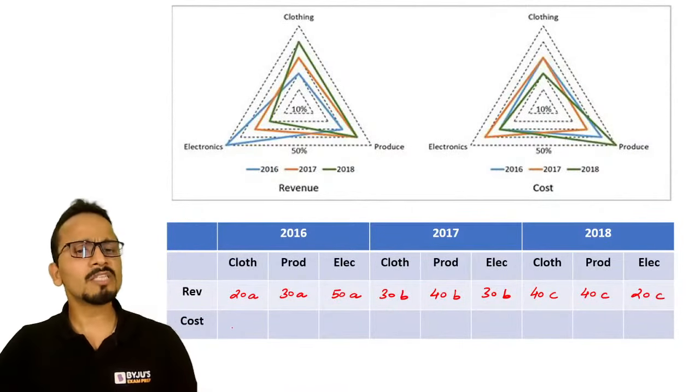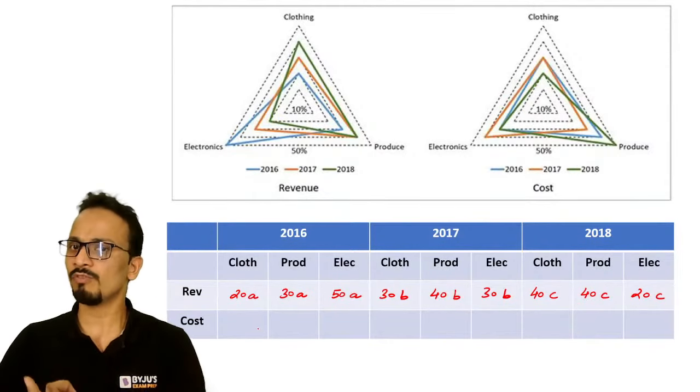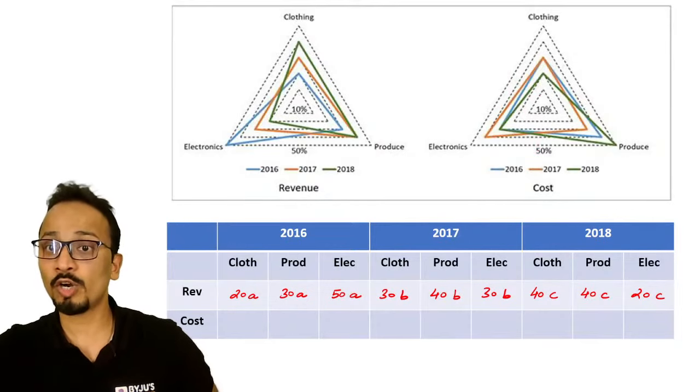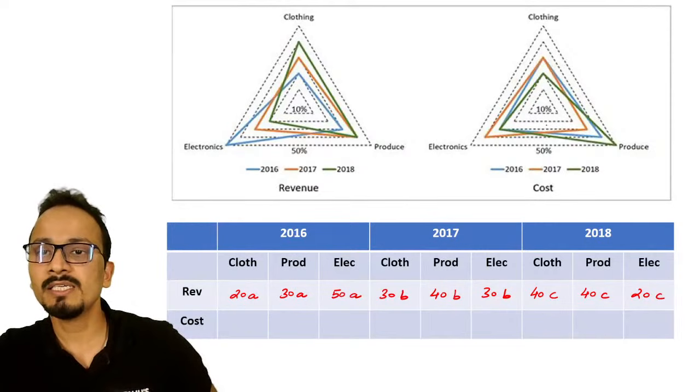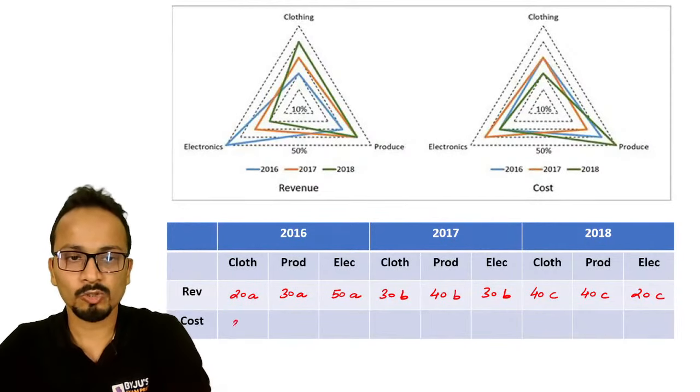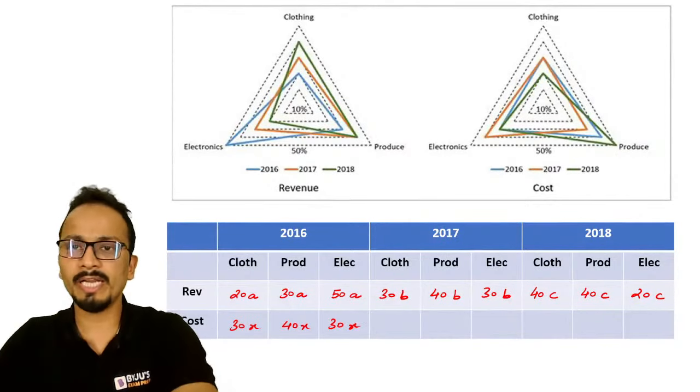For cost, I will assume the cost as 100x, 100y and 100z for these years. So for 2016, it will be 30, 40 and 30. So 30x, 40x and 30x. All right.